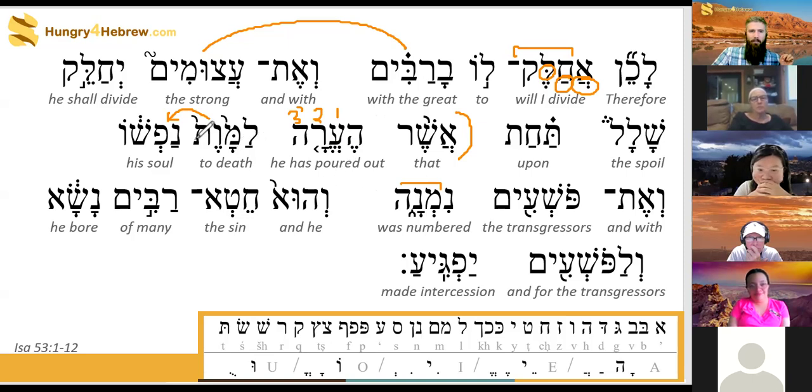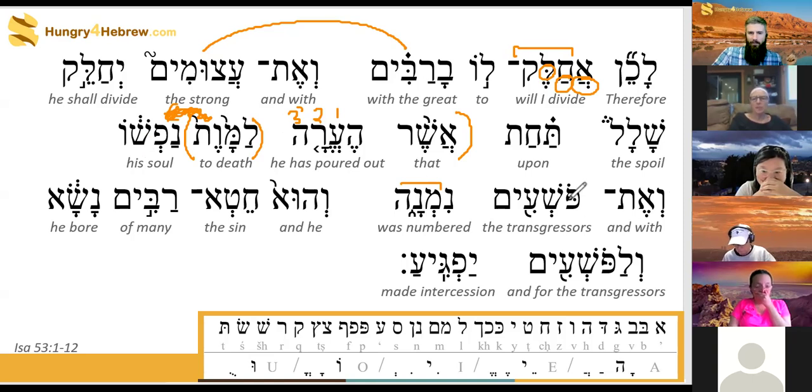Okay. Lamavet, unto death, nafsho. So he poured out his soul unto death. So therefore, this is our prepositional phrase, and it is not in construct. He did this unto that. He poured out his soul unto death.